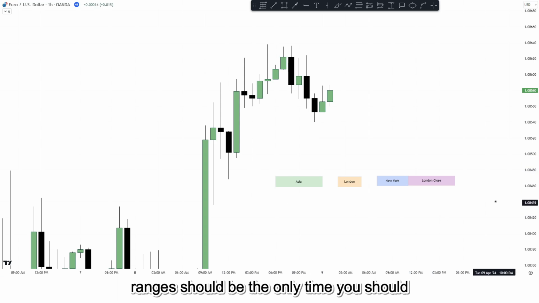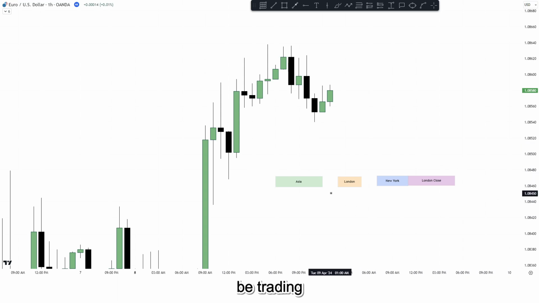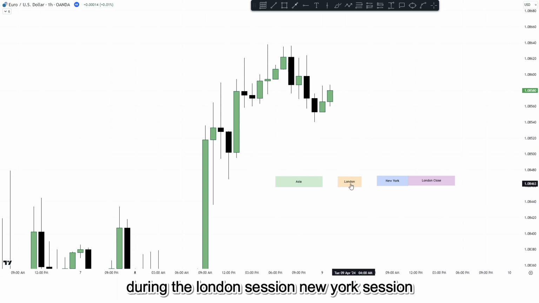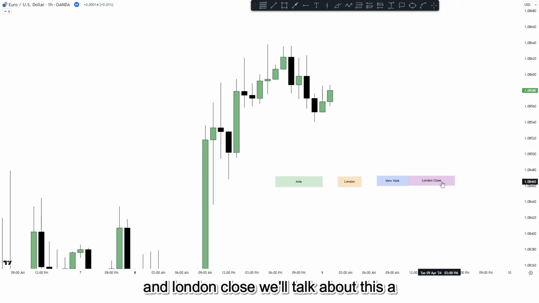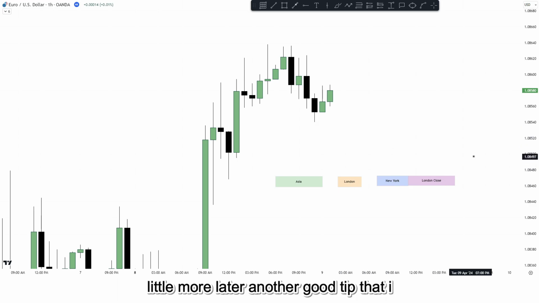Between these time ranges should be the only time you should be trading, specifically during London session, New York session, and London close. We'll talk about this a little more later.